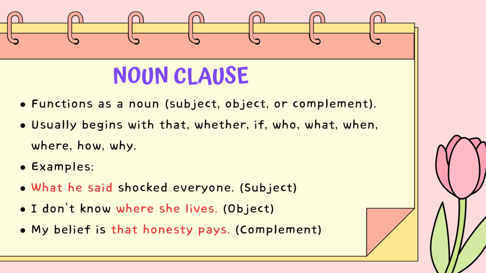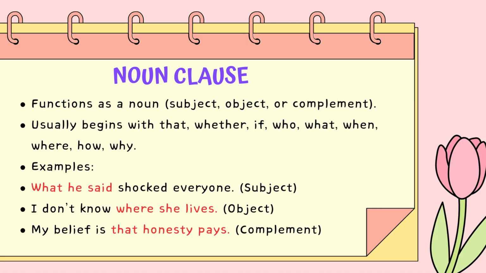Now, let's look at some examples. What he said shocked everyone. The noun clause here is what he said. And in this sentence, the noun clause is standing as a subject, taking the subject position. The next is I don't know where she lives.